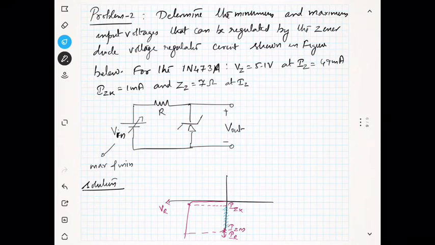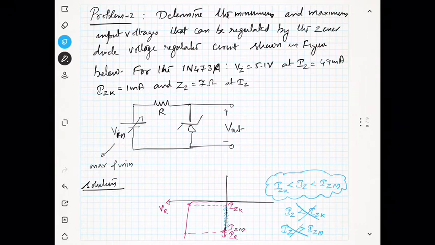It should not be less than Izk, and it should not be greater than Izm. That means the Zener current should be greater than Izk and less than Izm. We have to ensure this condition.